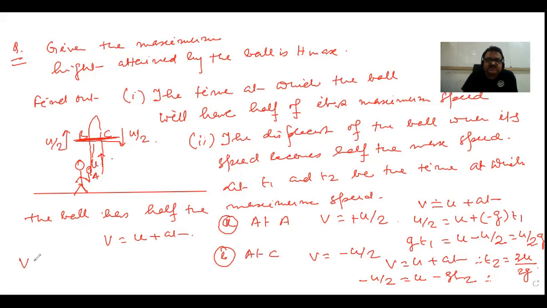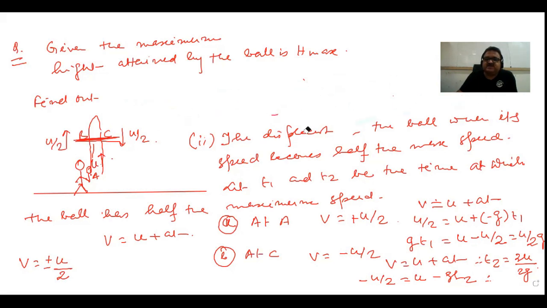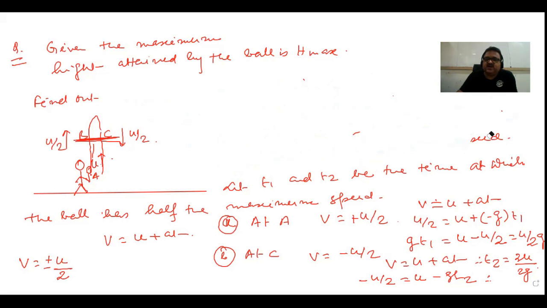V, in this case, you can write it is plus or minus u by 2, because when it is going up, the sign is plus, and when it is going down, the sign is minus. So I am writing v is equal to plus minus u by 2. Now I am applying this formula, v square equal to u square plus 2as.